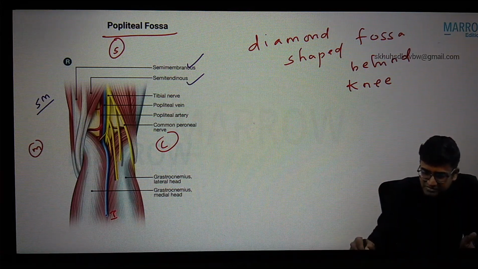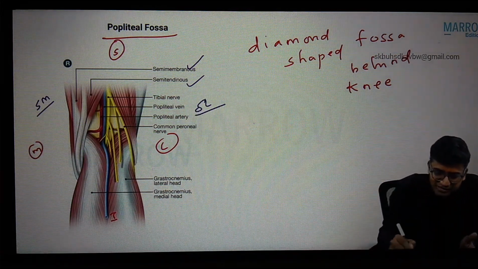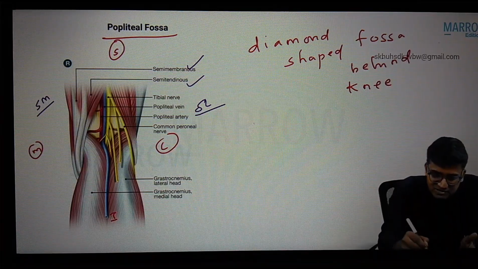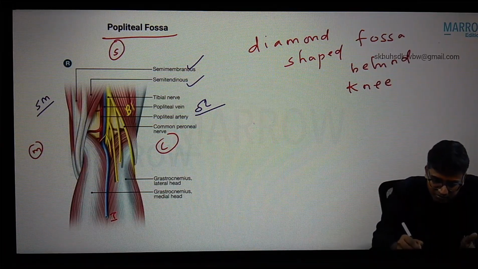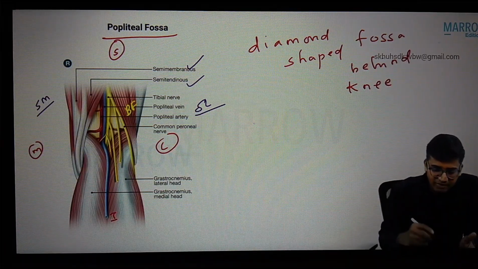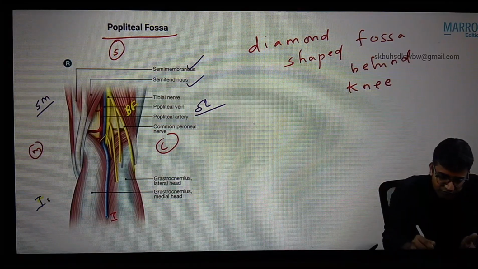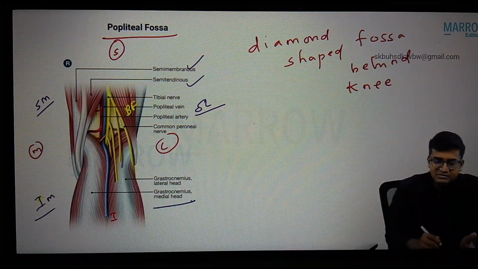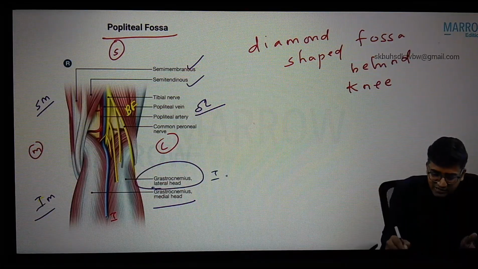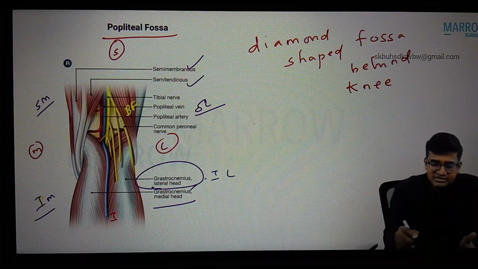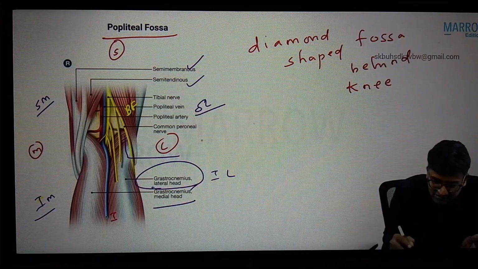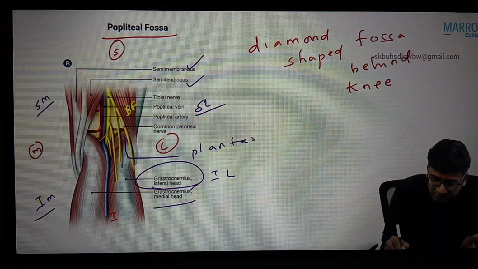Supralaterally, this is biceps femoris muscle. Now, infromedially, medial head of gastrocnemius and infrolaterally, lateral head of gastrocnemius. Can you see a small muscle here? Yes, that is our plantaris muscle.